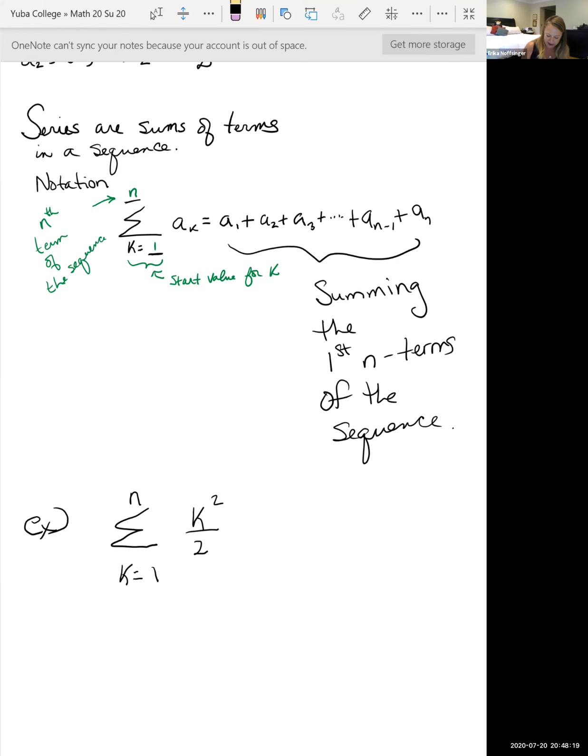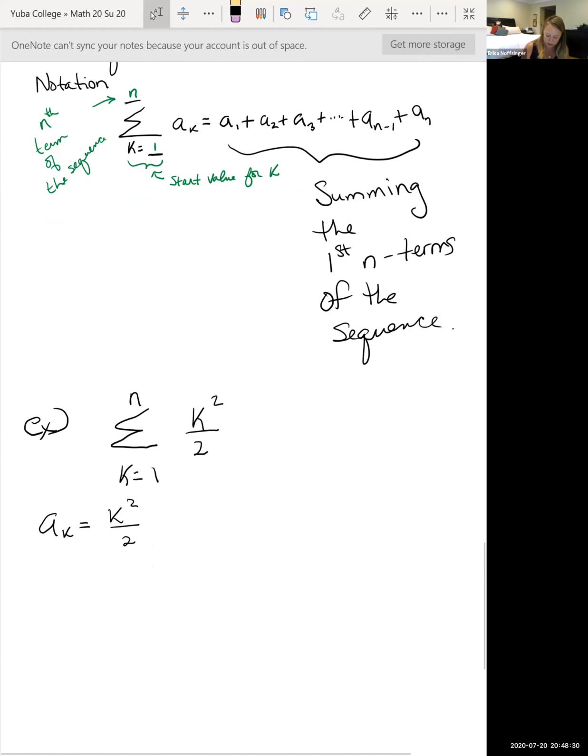This a sub k value gives us the kth term of our sequence, k squared over 2. And so if we want to look at a sub 1, we're going to plug in 1 wherever we see a k. So we have 1 squared all over 2, which is 1/2.